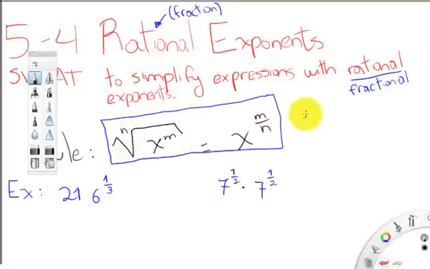For instance, if I give you the cubic root of 4 squared, using this rule, remember the base stays the same.